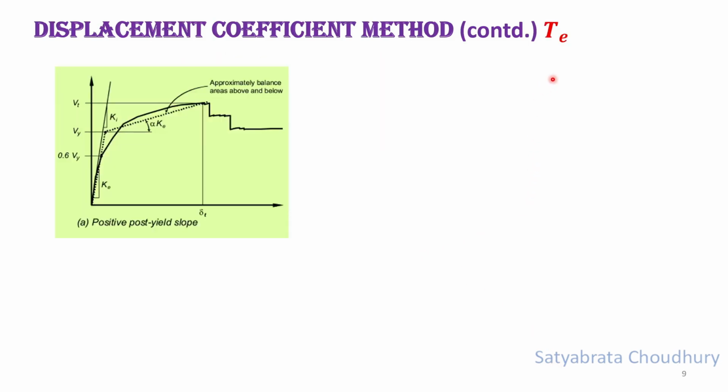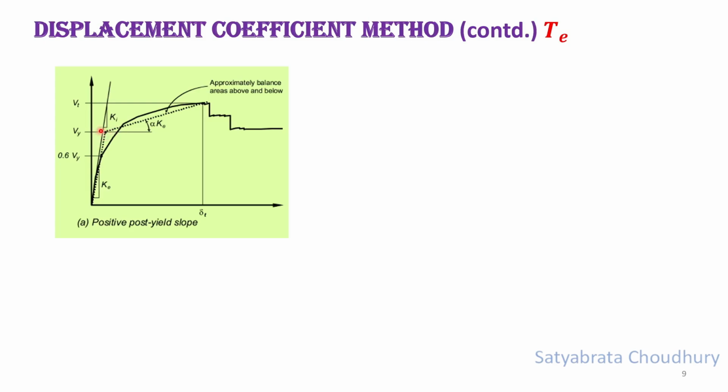Now let us see what this effective time period is. We discussed in an earlier video the bilinearization of the pushover curve. So here is a pushover curve which has been bilinearized with respect to target displacement. You have to know this point in the beginning, or you can assume the point in the beginning and then extend the curve backward like this, and from the initial tangent to the capacity curve draw another line which is dotted here, and they meet at a certain point.